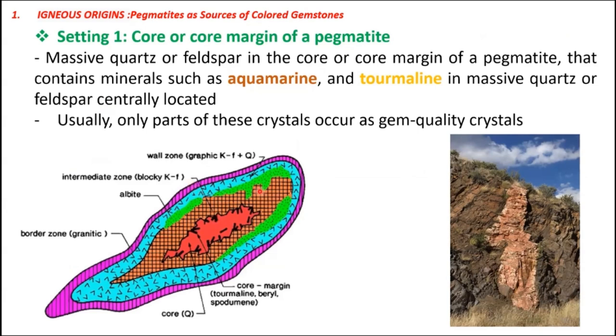The reason is that, on most occasions, pegmatites intrude as dikes or sills. This is the country rock according to this example. This is actually an outcrop scale one. This is the country rock, and this is the intruded pegmatitic melt that crystallizes to produce a pegmatite.